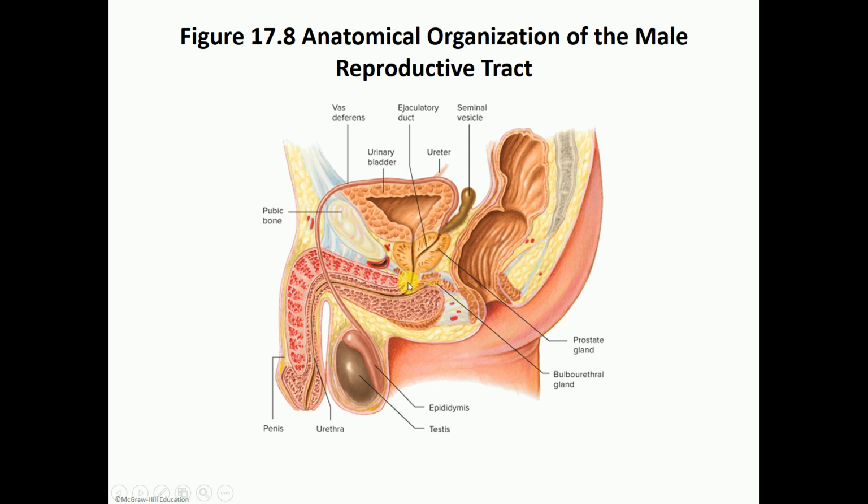Now, the second part of ejaculation is the actual contractions of the smooth muscles of the urethra and the skeletal muscles of the floor of the penis that will eject the semen out of the body.